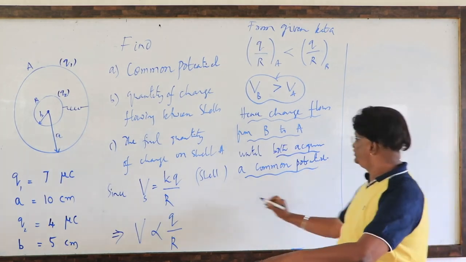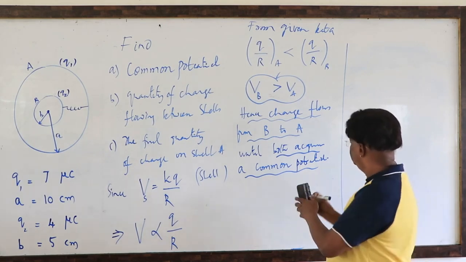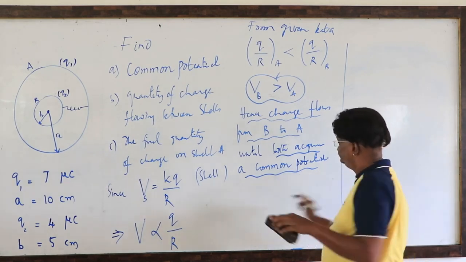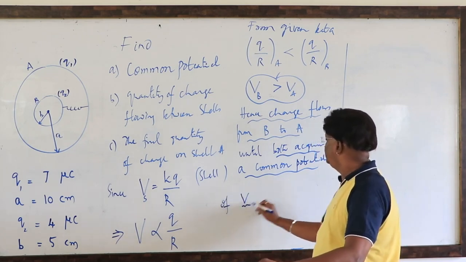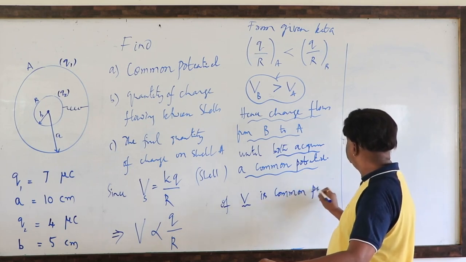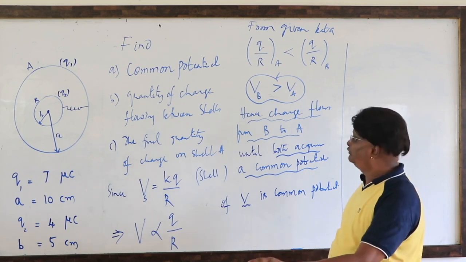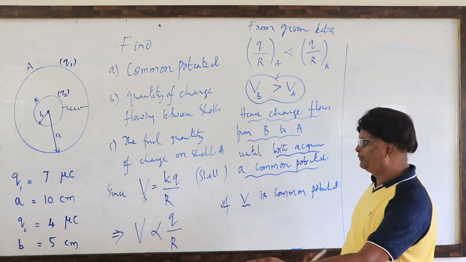Now, common potential. If capital V is the common potential, then since there is a flow of charge from B to A, what happens?